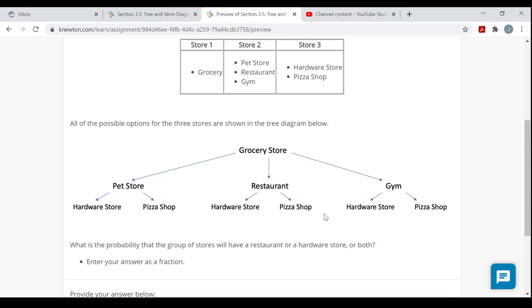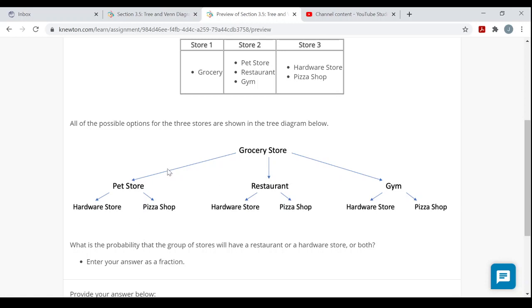So again, I count the number of paths that have a restaurant or a hardware store or both in the path. So one of them is grocery store, pet store, hardware store. That's one path. Then the other path doesn't have either, right? Grocery store, pet store, pizza shop. That doesn't have either restaurant or hardware store.